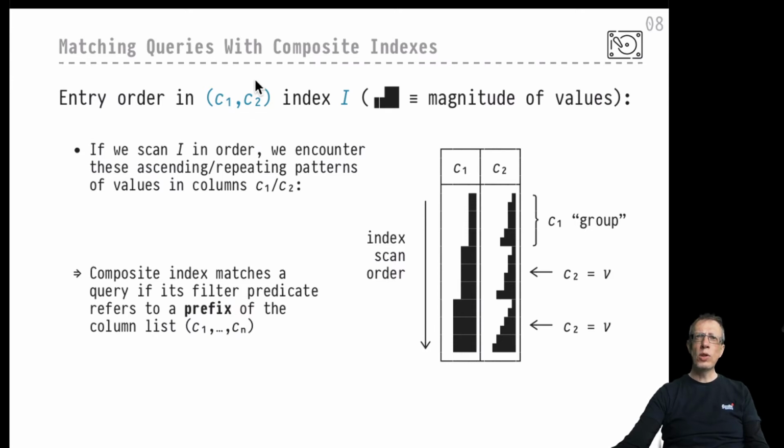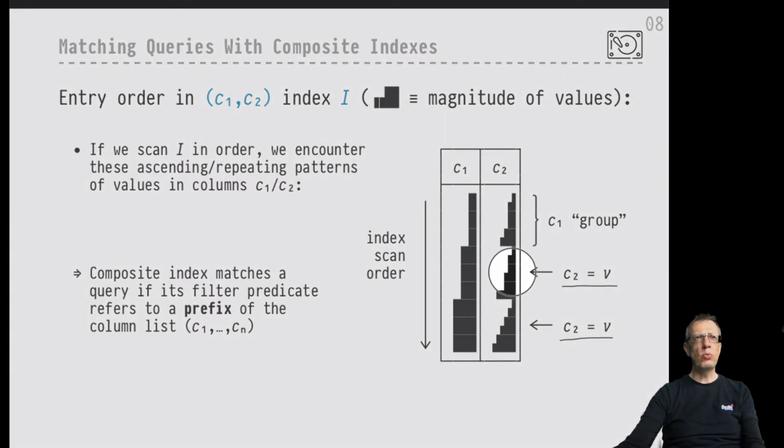What we will also see is that rows with a particular C2 value, say V, where V is some value in the domain of column C2, will be found all over the sequence set. There will probably be a row with C2 value equal to V here, maybe down here, maybe even up there in the C2 group.